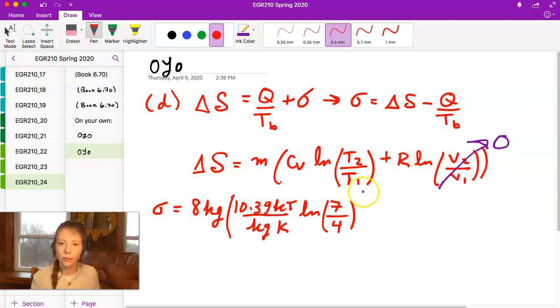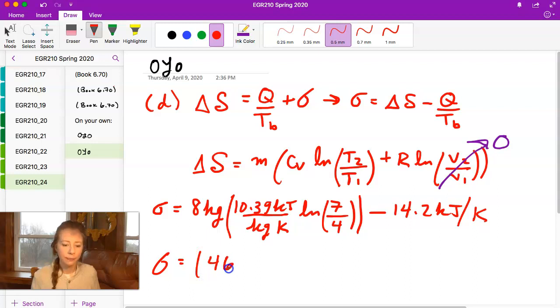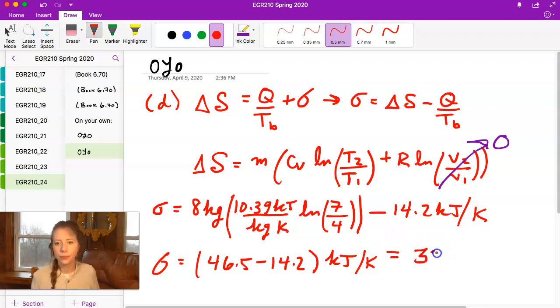And then we want to subtract off Q over TB, which was 14.2 kilojoules per Kelvin. We found that in part C. So entropy production is going to equal 46.5 minus 14.2 kilojoules per Kelvin. And that is going to be 32.3 kilojoules per Kelvin.